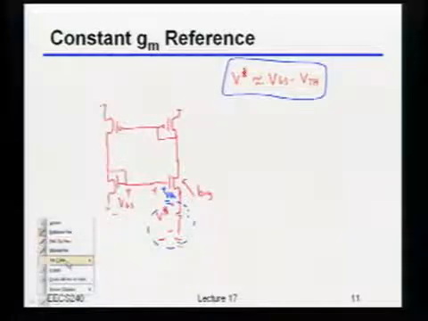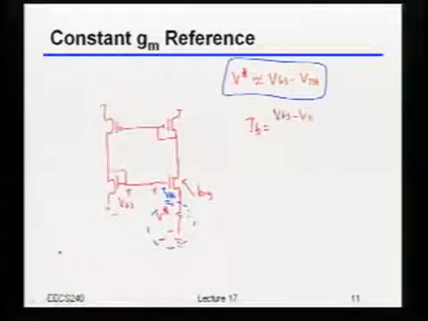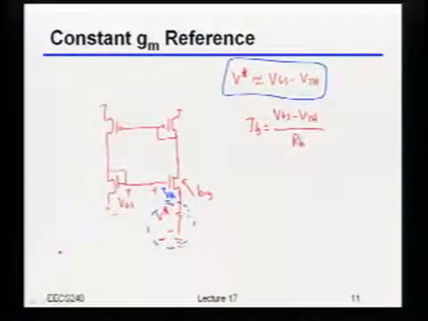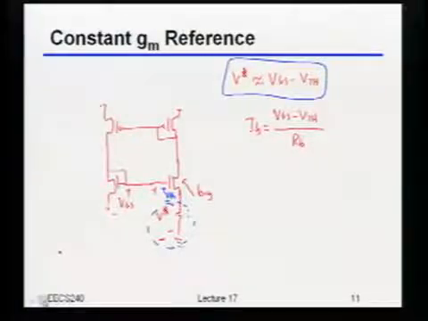So just to see how that gives me a constant GM, just remember that the bias current is just going to be VGS minus VTH divided by RB, right? Which is, by definition, just walking through that loop right there. Okay?